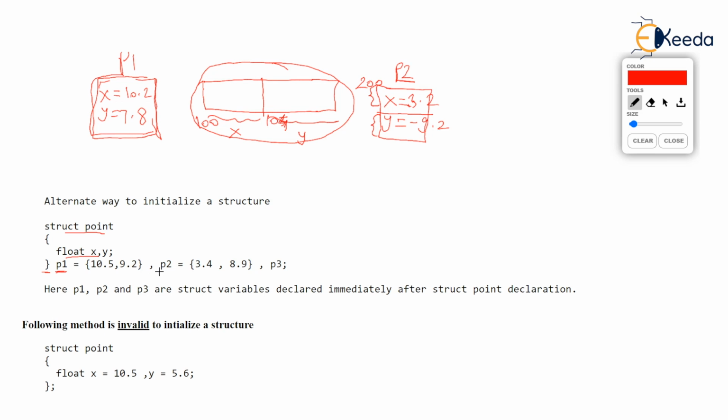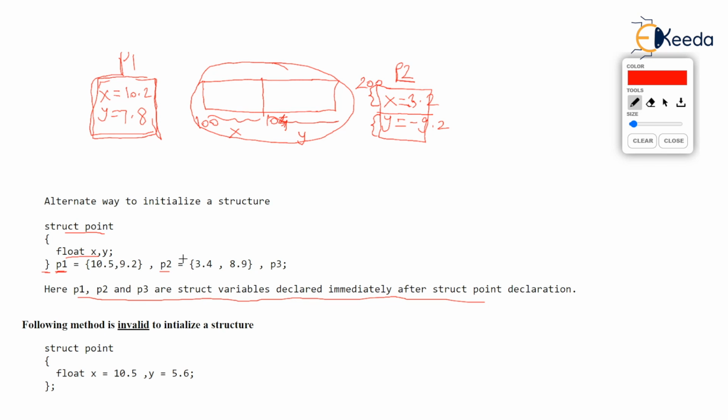P2 is also a variable of point type, which is initialized, and P3 is another variable of point type but not initialized, so it will be loaded with garbage values. So here P1, P2, P3 are struct variables of point type declared immediately after the struct point declaration. So that's also the way you can initialize a structure.